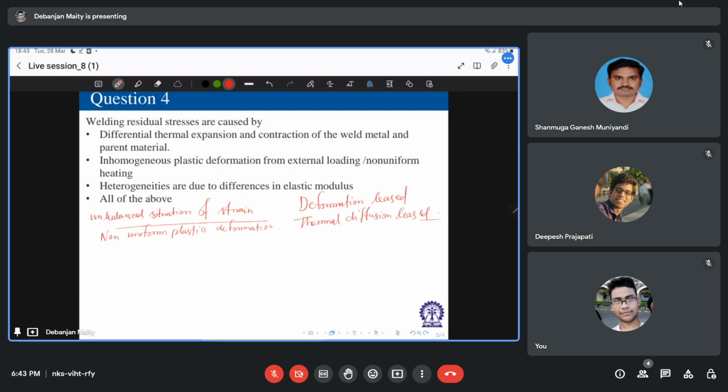Thermally induced residual stress can arise from any process that involves heat, whether that process is primarily a thermal process, such as heat treatment or welding.